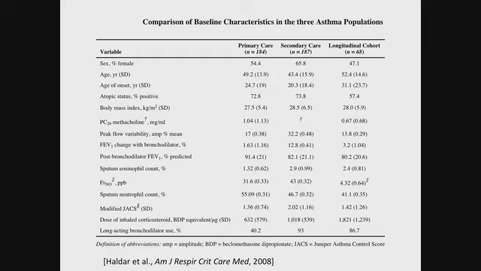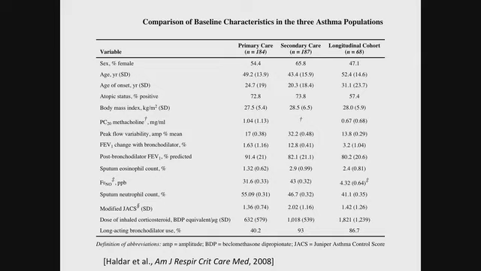And you can look to see how these populations differ. So on this column, you see the primary care population. You look at all of these features in that population. You see that in the primary care population, the individuals are on average 54% female.